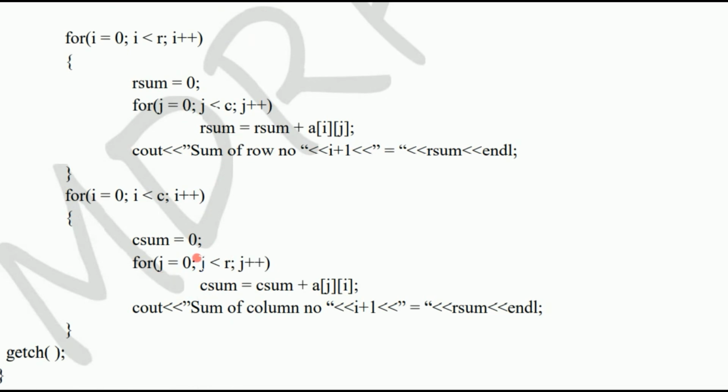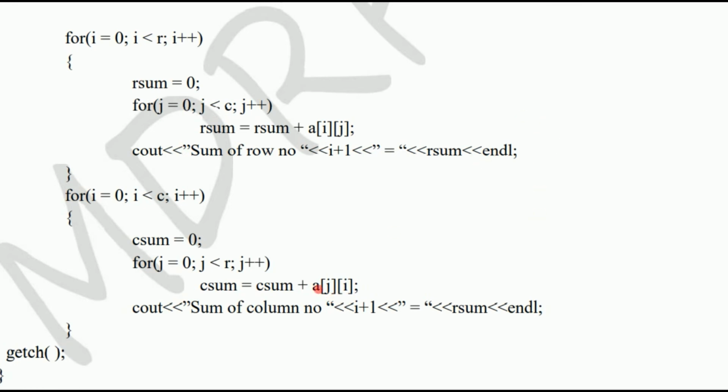Okay, the same way we can find the column sum by changing the column number. Column j we can take as the first element and I as the second element. Then a of ji. Here a of ij means a of 0, 0, 0, 1 and then 0, 2. But here a of ji, that means the 0 is changing.